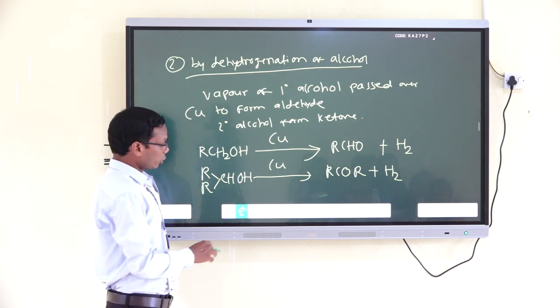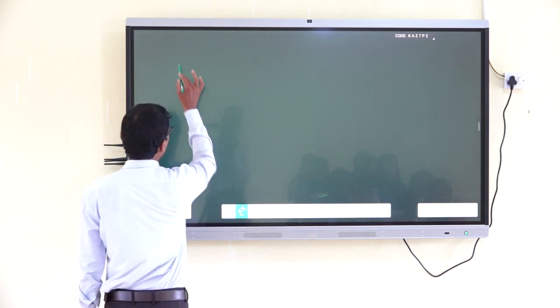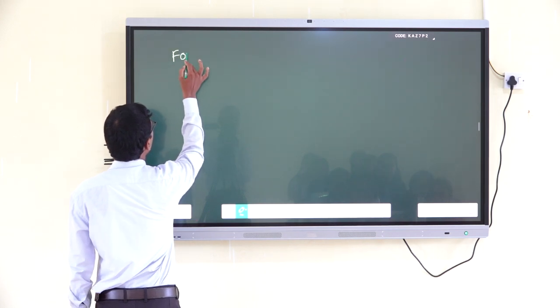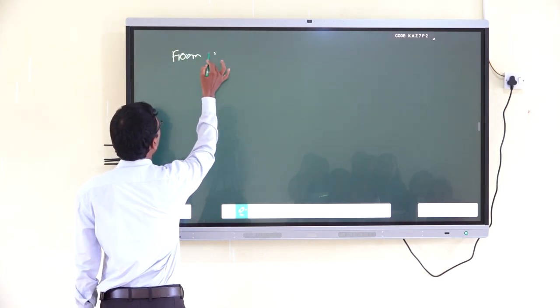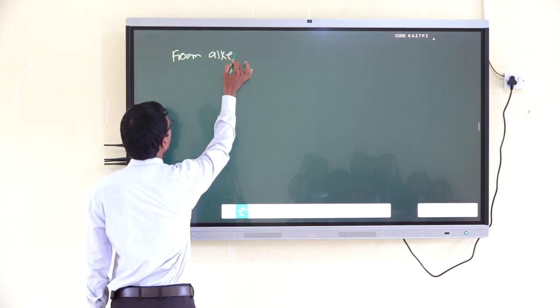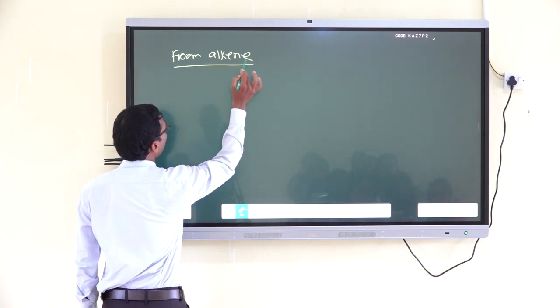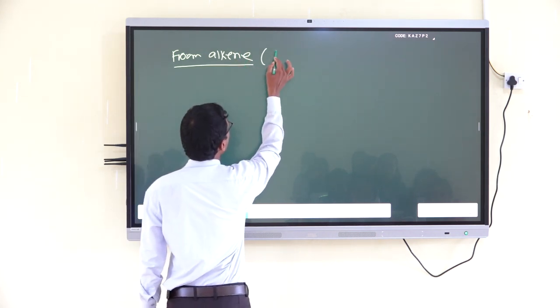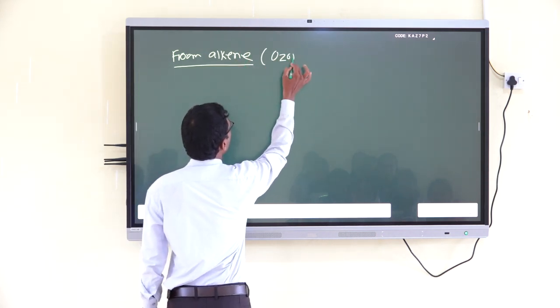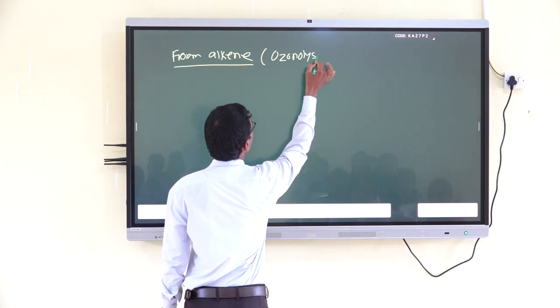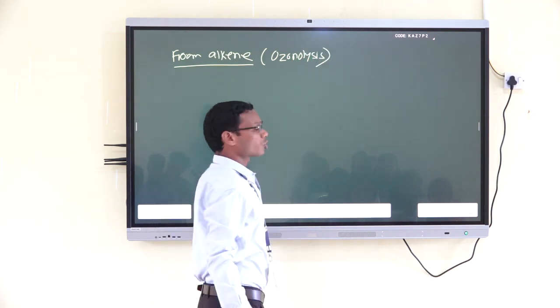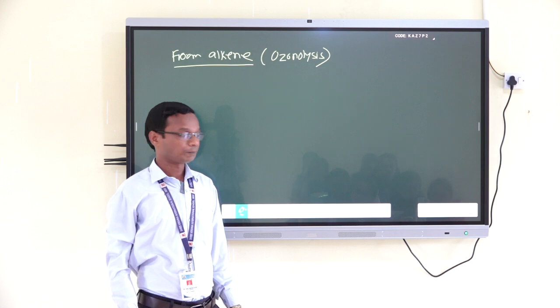Next, the important preparation is from alkene. From alkene, the name of the process is ozonolysis.